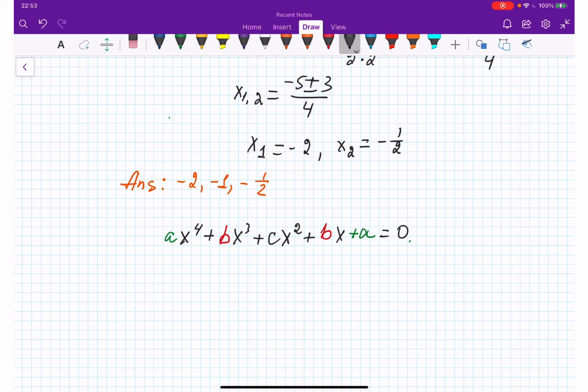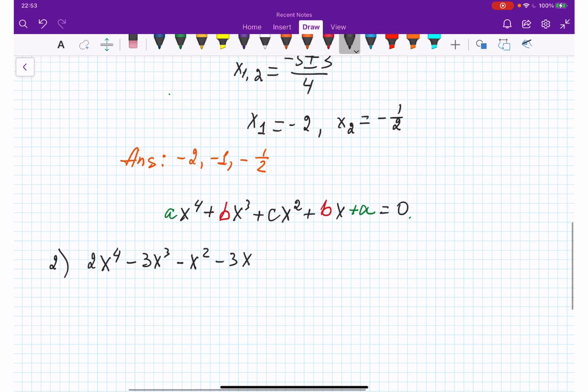Let's see, I'm going to take an example, and here we have 2x to the 4 minus 3x cubed minus x squared minus 3x, it's all minuses around, and plus 2 equals 0.